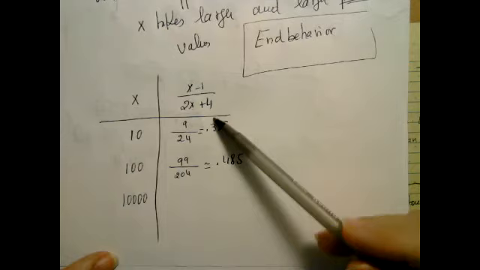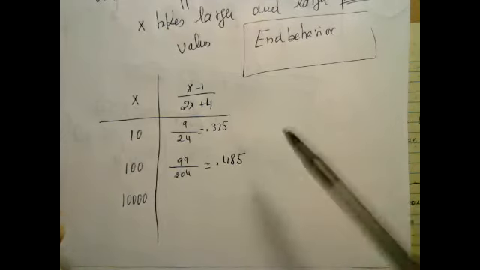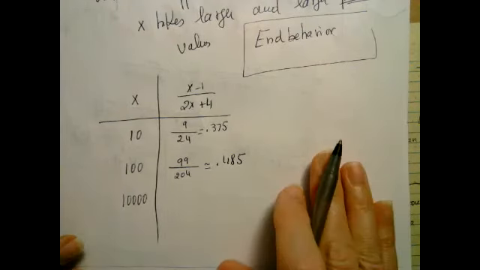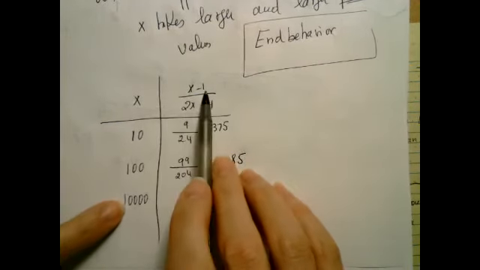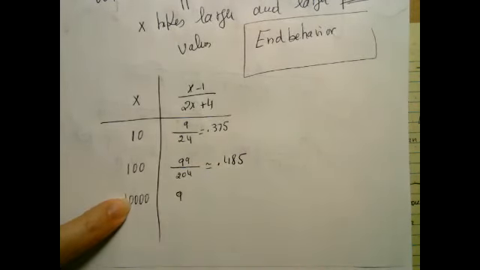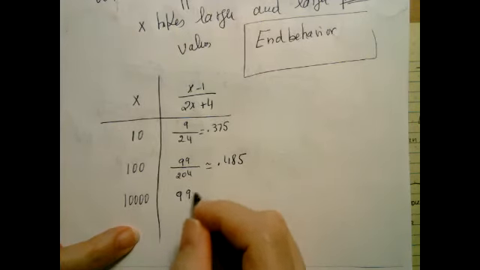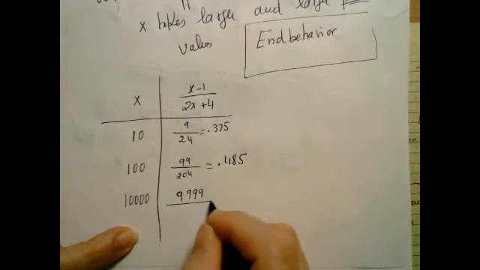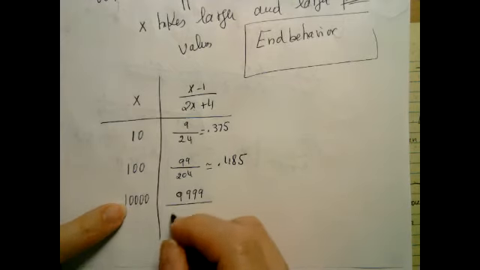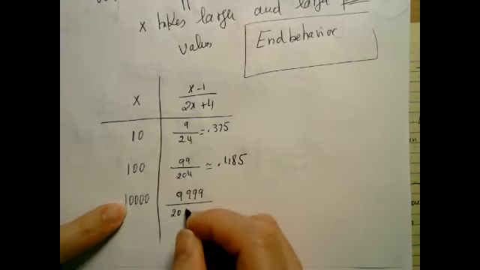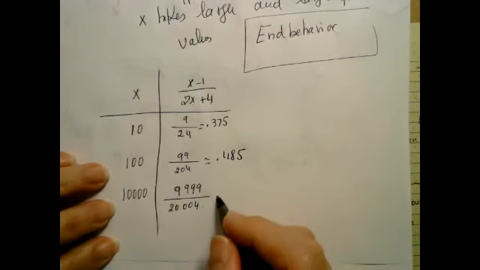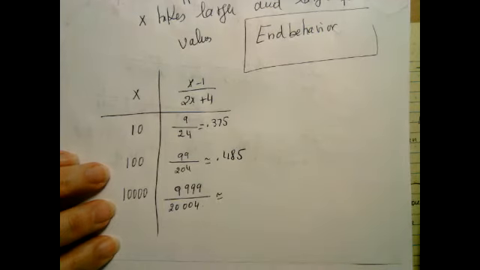When I realize that those outputs are becoming close to a fixed number, that's when I have to stop. But I have to see what they are getting close to. So now I have 10,000 minus 1, which gives me 9,999, over 20,000 plus 4.